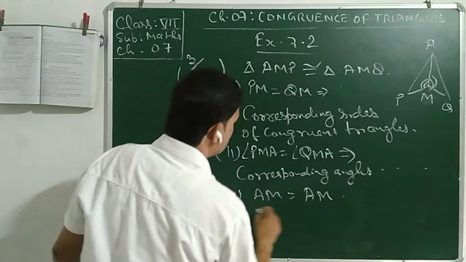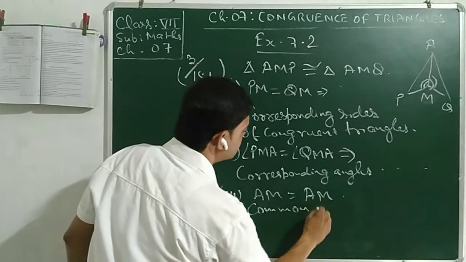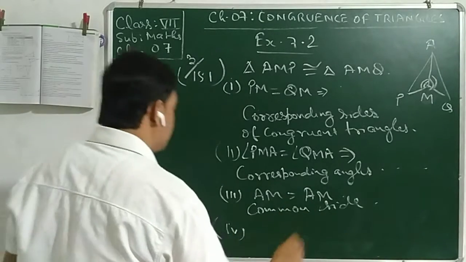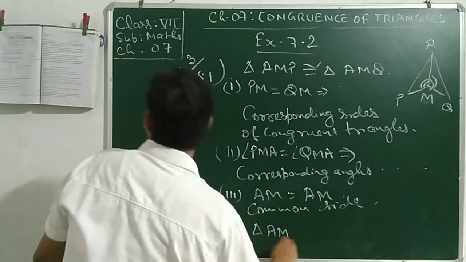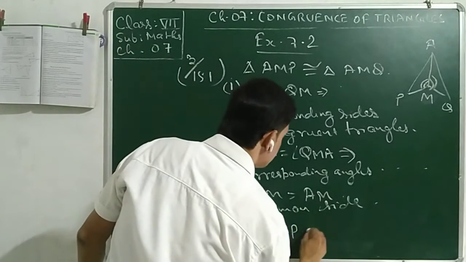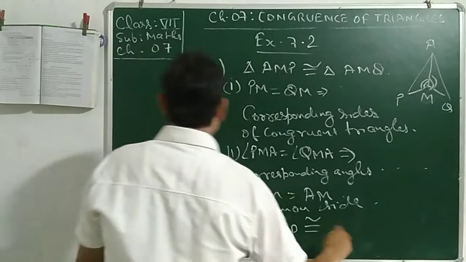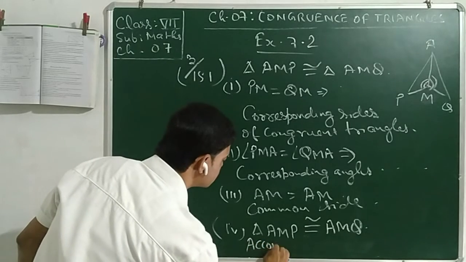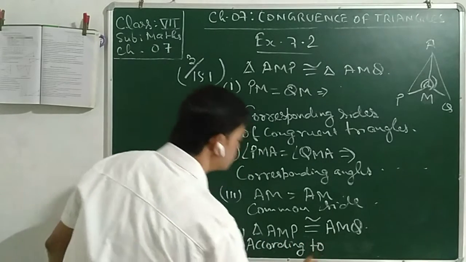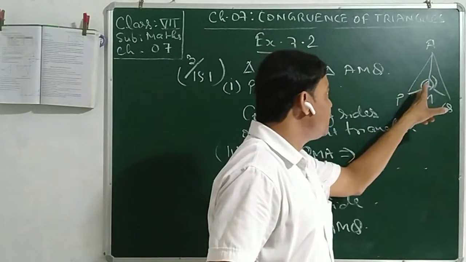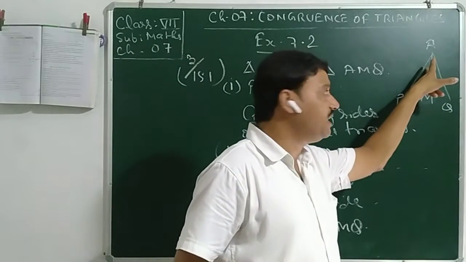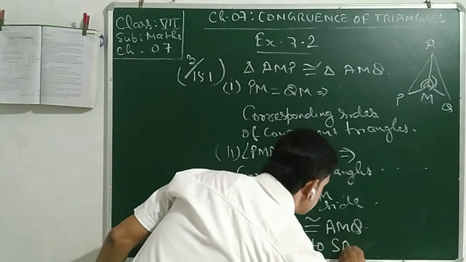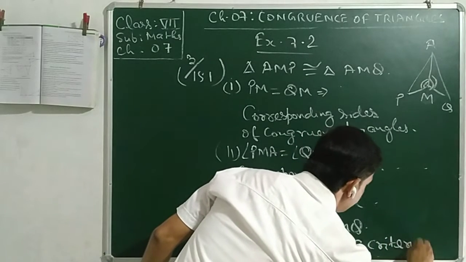This is the common side of congruent triangles. And in the fourth part, angle AMP triangle is congruent to triangle AMQ. This is according to this side, this angle, this side of this triangle being equal to this side, this angle and this side. So SAS criterion. Complete this.